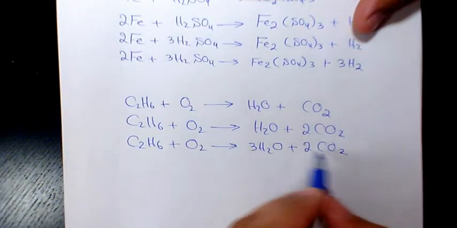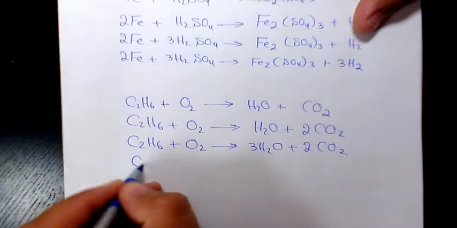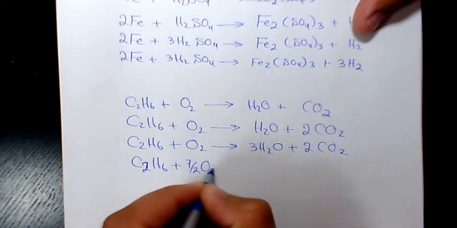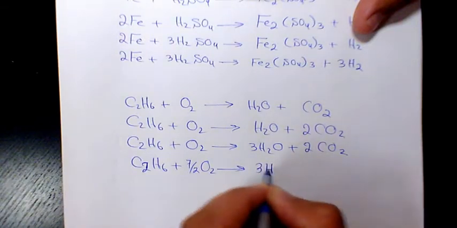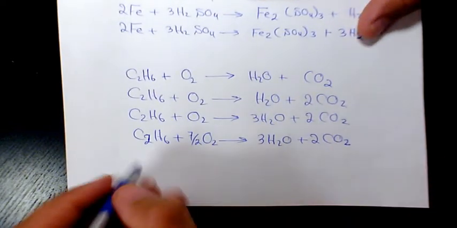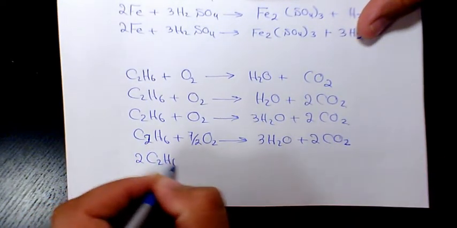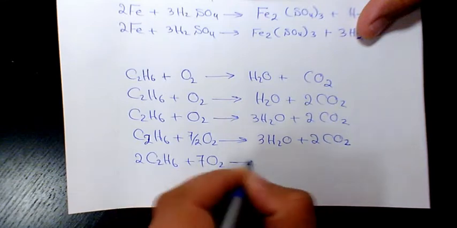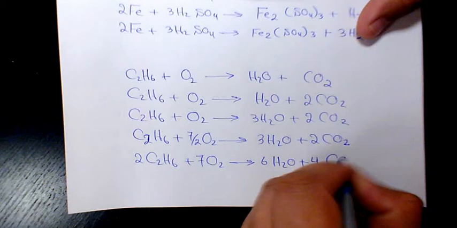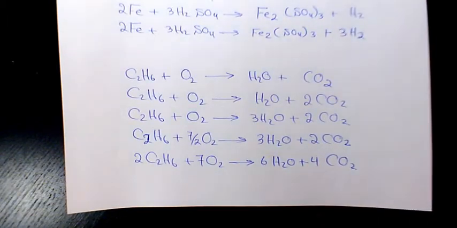We have 3 plus 4, 7. So it's going to be 7 over 2 O2. 3H2O plus 2CO2. When you multiply everything by 2, it's going to be 2C2H6 plus 7O2 gives us 6H2O plus 4CO2. That's going to be balanced.